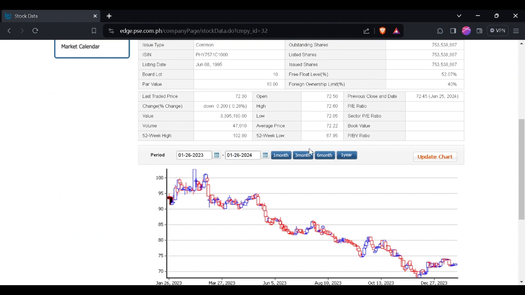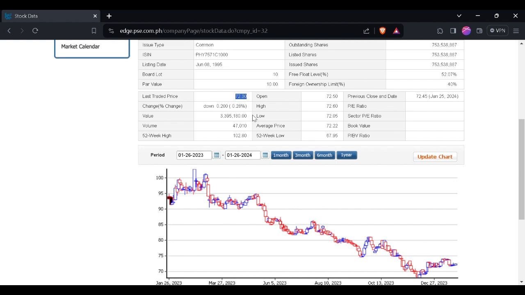As I've said earlier, to compute the PB ratio, we first need to get the current share price. For this example, we'll just get the last traded price, which is 72 pesos and 30 centavos. Okay?